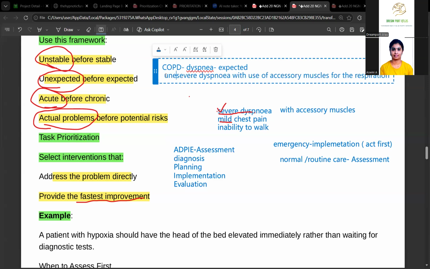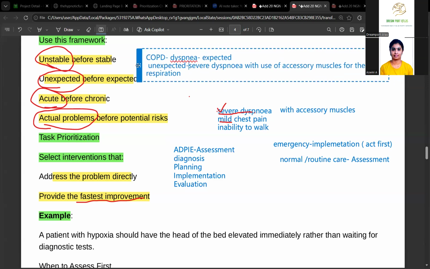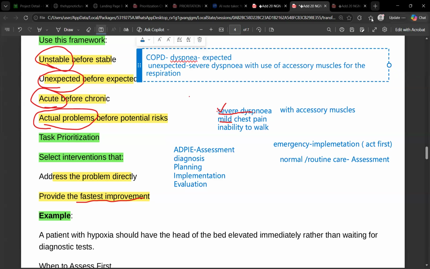So while prioritizing the care, we already learned that a COPD patient with dyspnea is an expected finding only, but if the client is using accessory muscles for respiration, that indicates the client is going into a complication, or into severe respiratory failure.